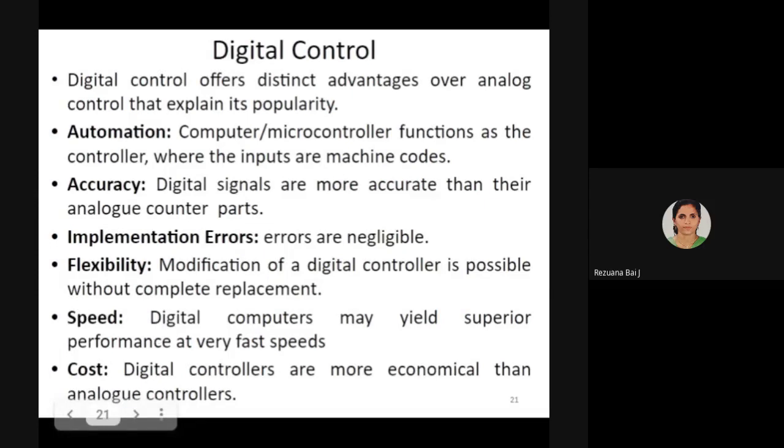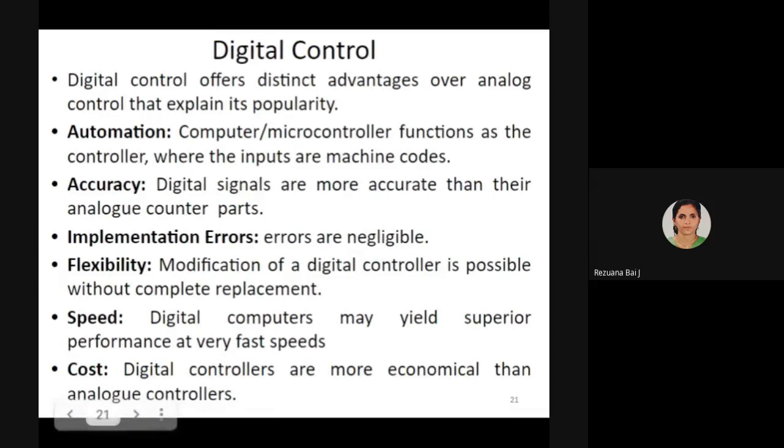Then coming to the cost, you can see that digital controllers are more economical. In digital control there is an added block of ADC and DAC, but the price is affected by area and cost using VLSI.